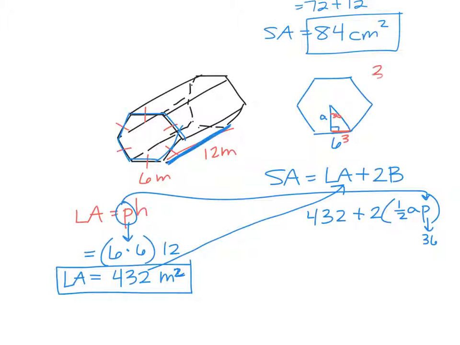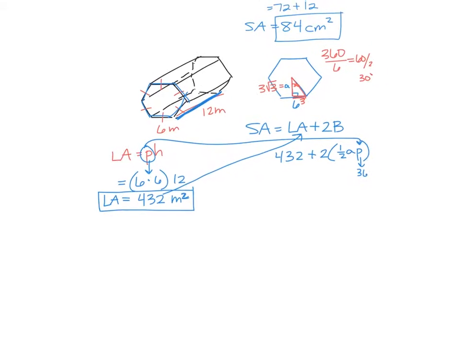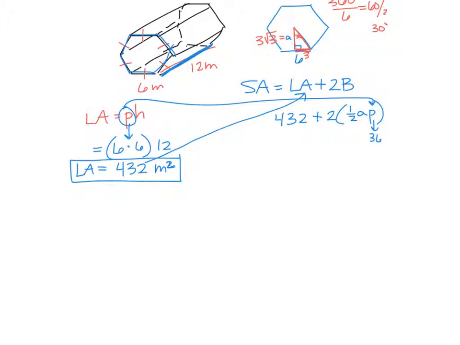And again, if you don't remember that, then you just have to do 360 divided by 6 and cut that in half to get your 30-degree angle. Okay, so you have a 30-degree angle, and in a 30, 60, 90, this longer leg is your 3 radical 3 side. So that A is 3 rad 3, okay? So let's just plug this in. You have an apothem of 3 rad 3, okay?